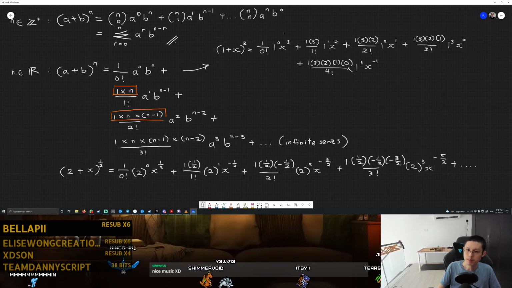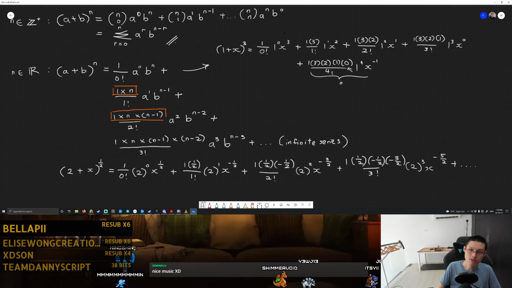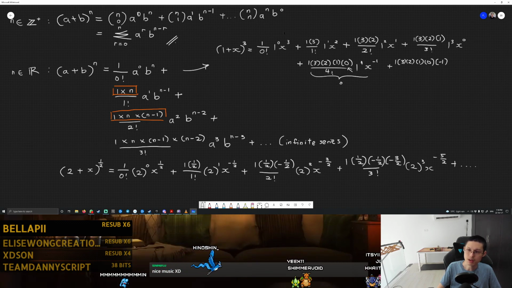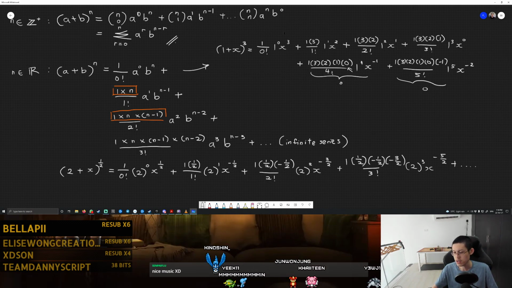You see I'm multiplying by 0 here, which means this entire term is actually 0. If I continue on to the 6th term or any subsequent terms, I will always have a 0 in there. So this is also 0, which means all the subsequent terms after the 4th term just vanish into thin air.